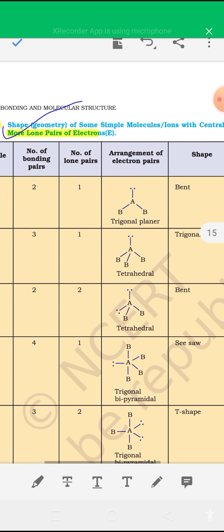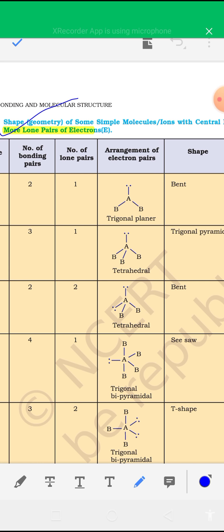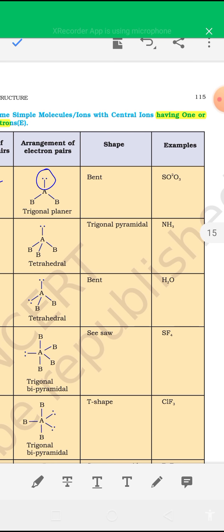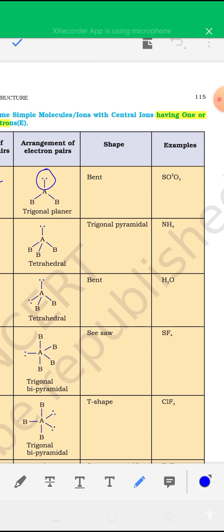So the number of bond pairs is 2 and the number of lone pairs is 1. Total electron pairs is 3. Out of 3 electron pairs, 1 is lone pair and 2 are bond pairs, and the shape of the molecule is bent shape. It is SO2 molecules, O3 molecules, SO2, O3.